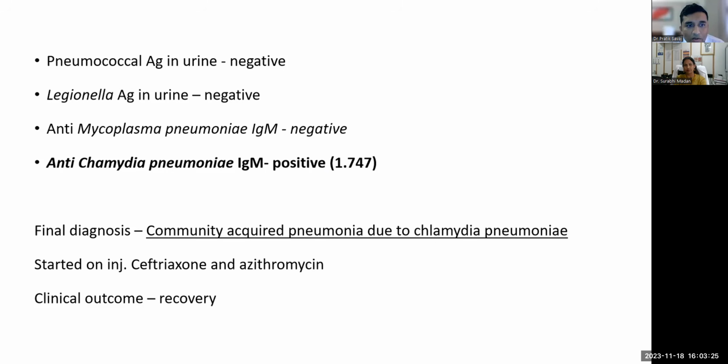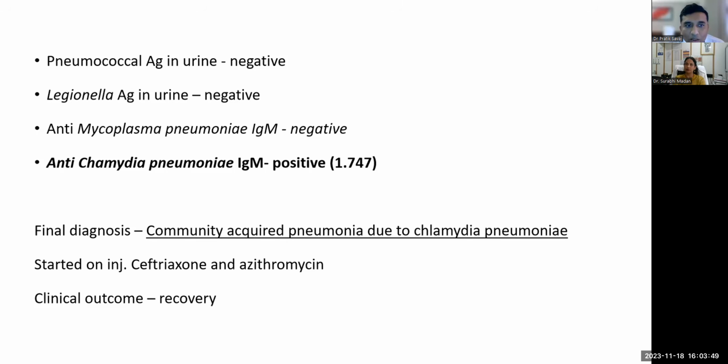Pneumococcal antigen in urine was negative; it has poor sensitivity but good specificity. Legionella antigen in urine was also negative. Mycoplasma IgM was negative, and Chlamydia pneumoniae IgM was positive. So finally, our diagnosis was community acquired pneumonia due to Chlamydia pneumoniae.